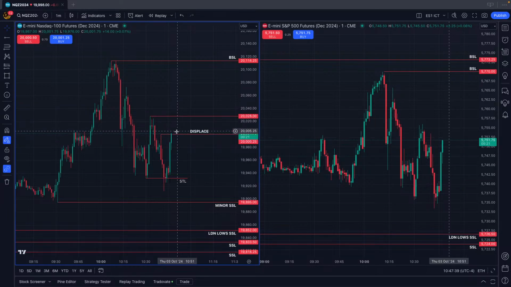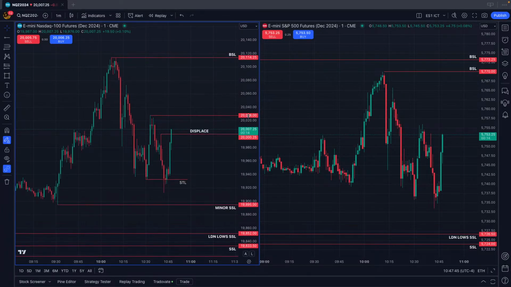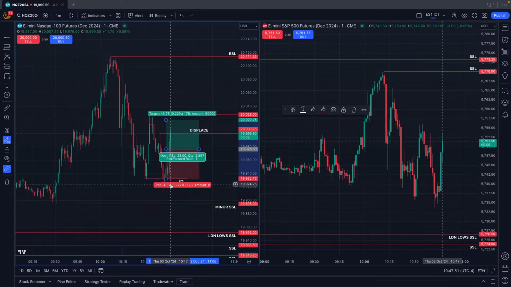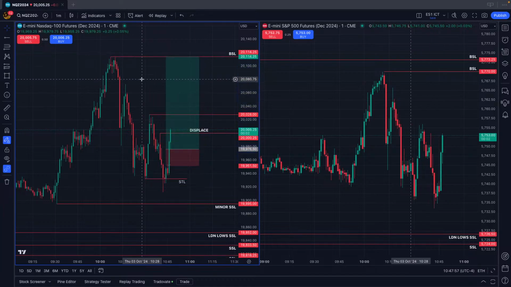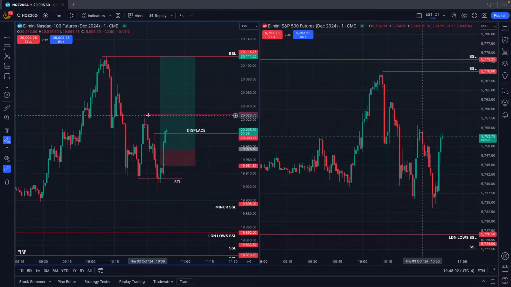I want to see it displace through here, like it has now. So price is displaced. Now I don't want to see it take out this level.